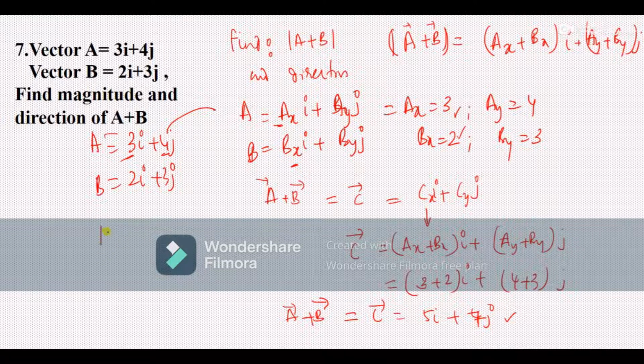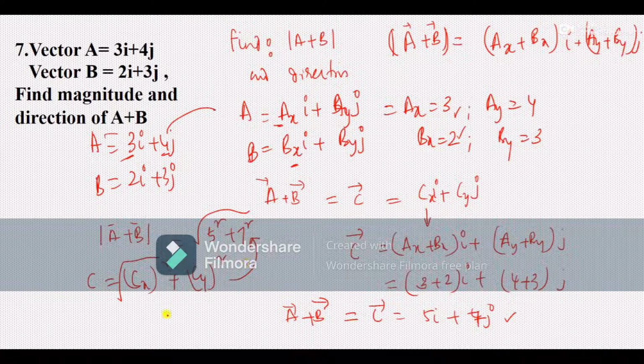Its magnitude will be root of 5 square plus 7 square, that is also like Cx square plus Cy square whole root. So finally the value of C is root 74. It is the resultant magnitude of A plus B.